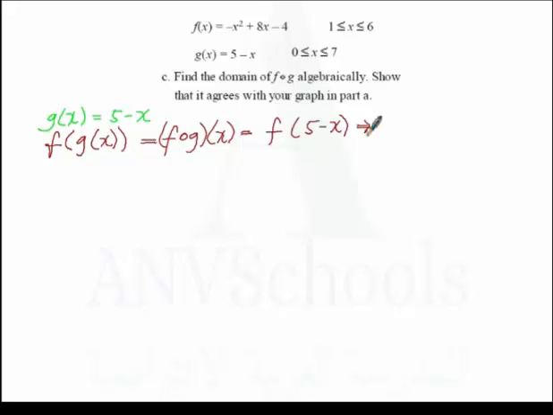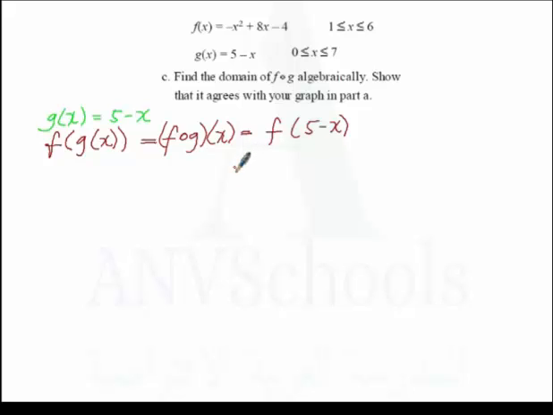Now, I've told you before that there are steps to be followed in getting the domain of the new function, the composite function.